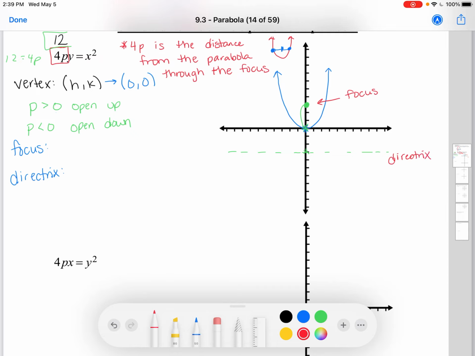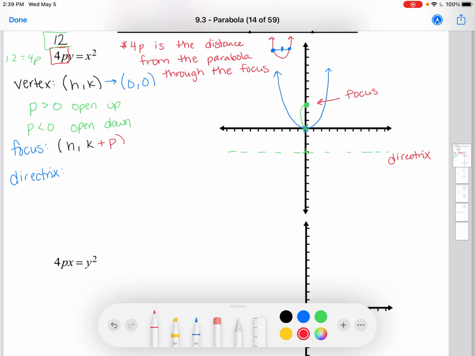Either way, they're based off of your P value. So what happened here is my focus had the same center point H, had the same K center point, or vertex point, but then what I did to K is I added my P value. So when it's positive, I'm going to add the P, and when it's negative, I would subtract.